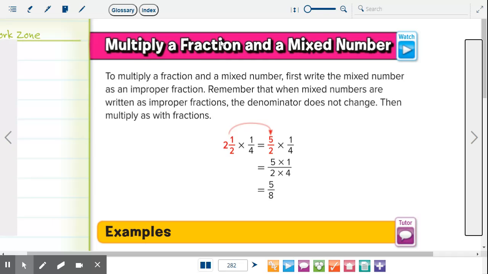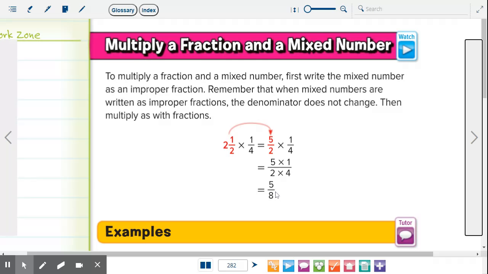So if you have 2 1/2 times 1/4 like they have here, they changed the 2 1/2 to 5 over 2, because what's 2 times 2? 4. What's 4 plus 1? 5. So you get 5 over 2. So now you have 5 over 2 times 1 over 4. You just multiply across like we normally do. So 5 times 1, 5. 2 times 4, 8. Can you simplify 5 over 8? No. So you're done. That's all they want you to do.